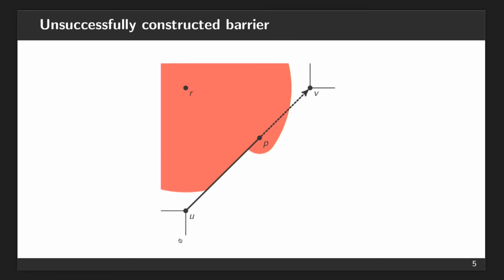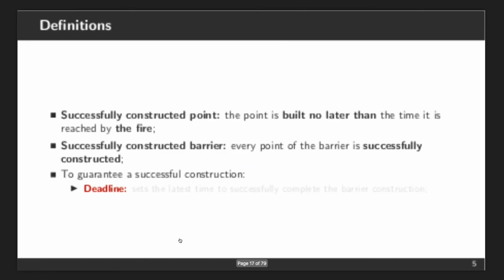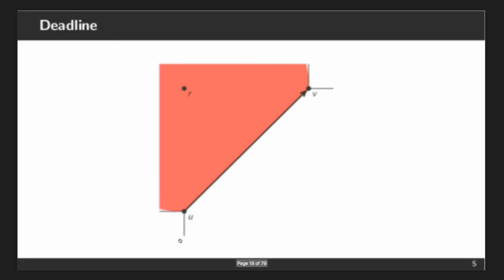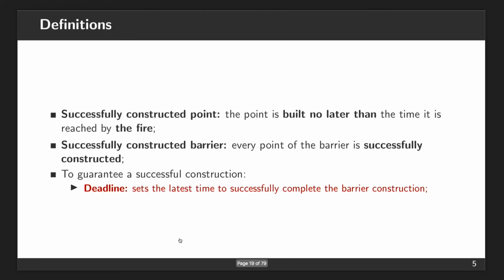So we have to ensure that everything is constructed on time. For this, we define the concept of a deadline, and the deadline is then the latest time to successfully construct the entire barrier that you have.